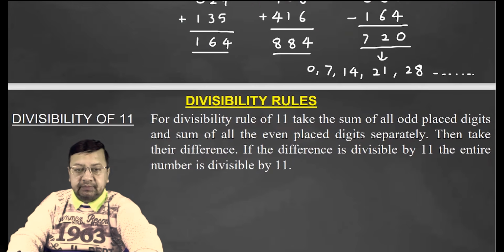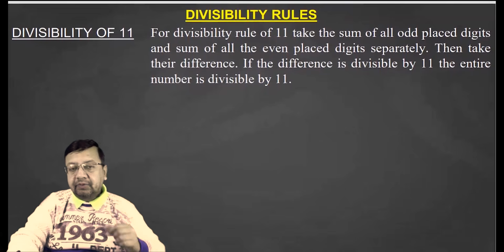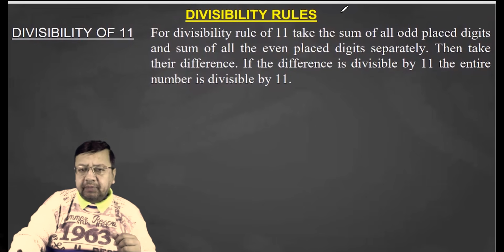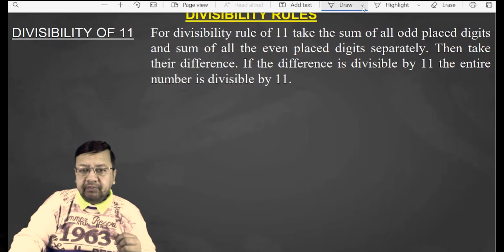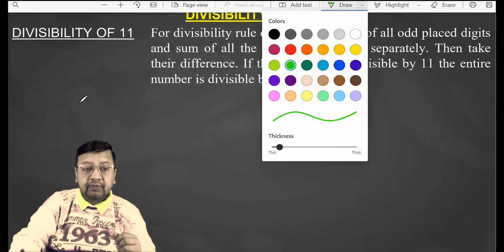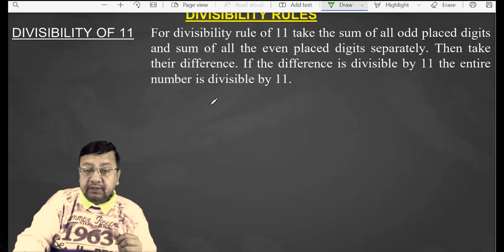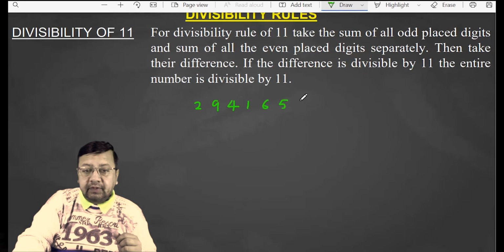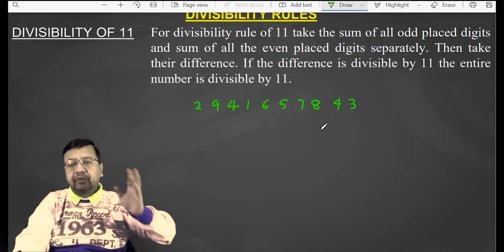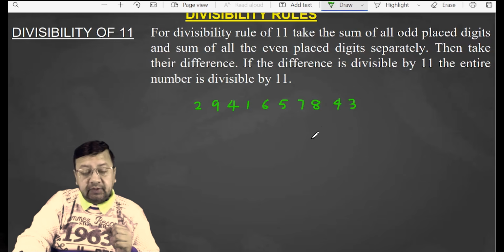Number 11. Right? So almost the rule is same for the 11, but there is just one simple difference from the rule of 7. And what is this? Suppose take an example. You are having some number, say 2, 9, 4, 1, 6, 5, 7, 8, 4, 3. Right? You want to check whether this number is divisible by 11 or not.